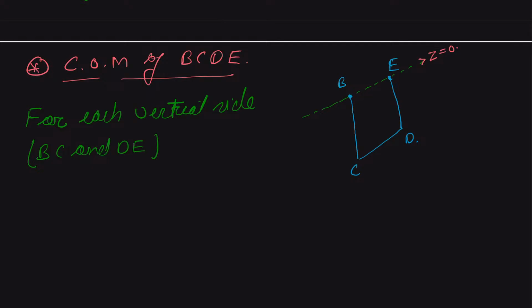Okay. And we also know that the total length of the wire, that is our BCDE, is 0.75.